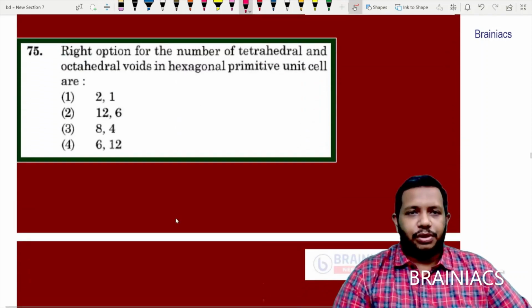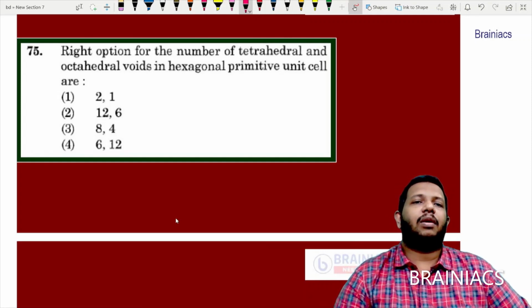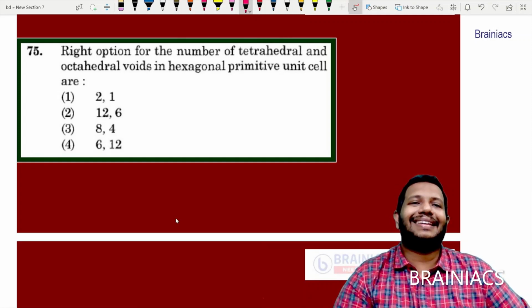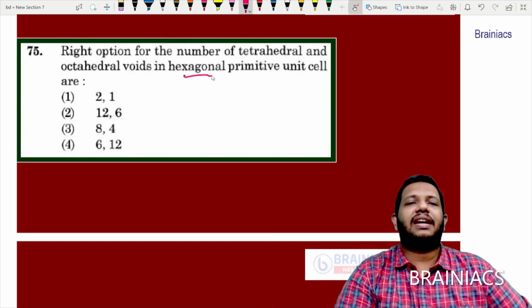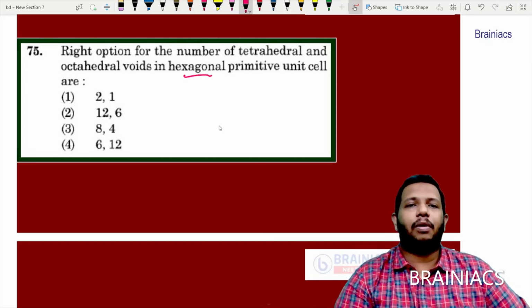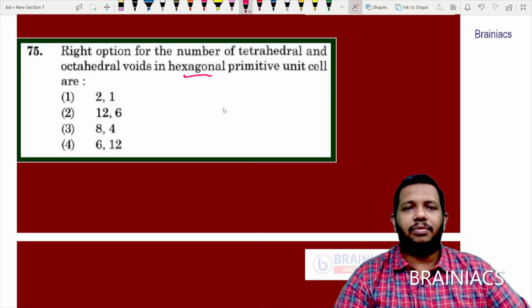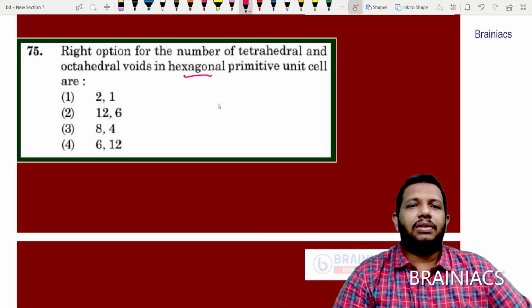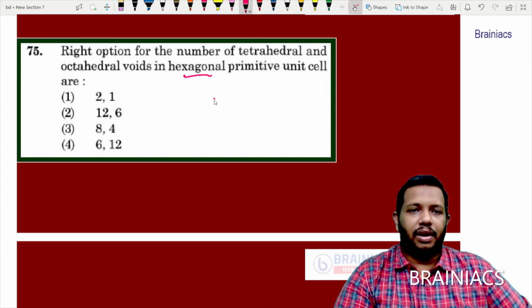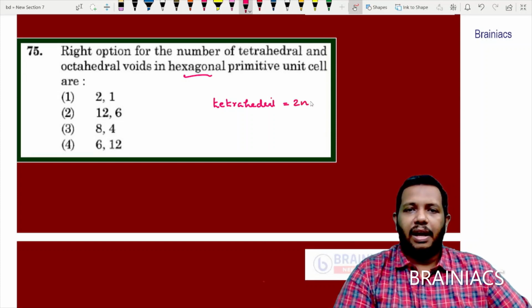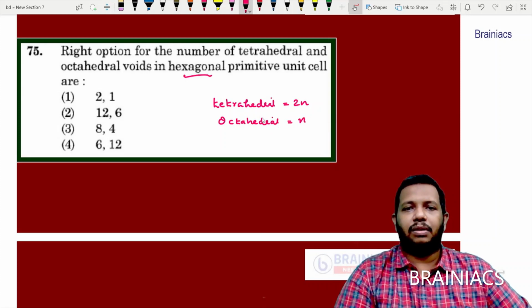The right option for the number of tetrahedral and octahedral voids in a hexagonal primitive cell. So it's a hexagonal primitive unit cell. The number of atoms per unit cell is equal to 6. The number of tetrahedral voids is equal to 2n, and the number of octahedral voids is equal to n.